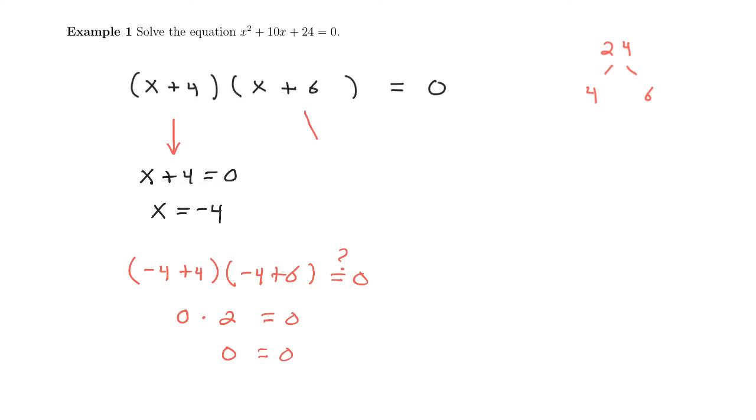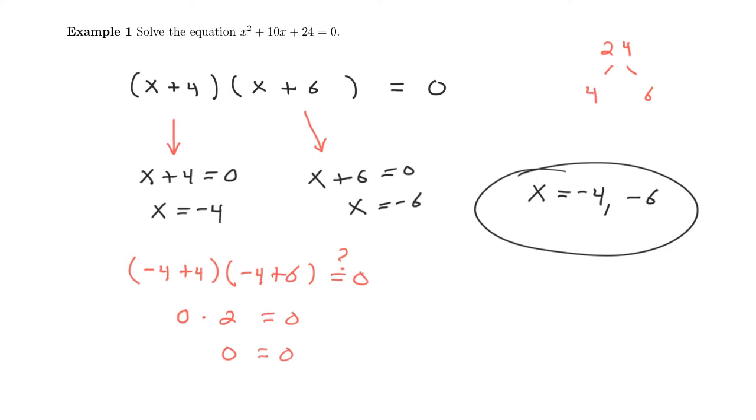If we do the same thing for x plus 6 and set that equal to 0, I know that negative 6 is the solution that gives me 0. It's going to make the entire equation equal 0. So the answer to this question is x equals negative 4 and also negative 6. So if you're dealing with a trinomial, break it down into a product and figure out where each product is 0, and you will get these two solutions here.